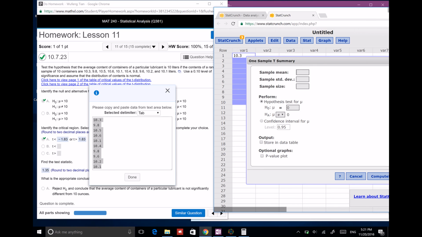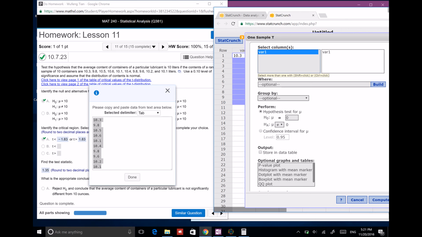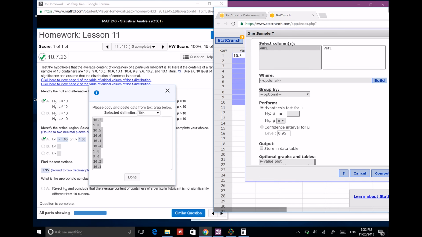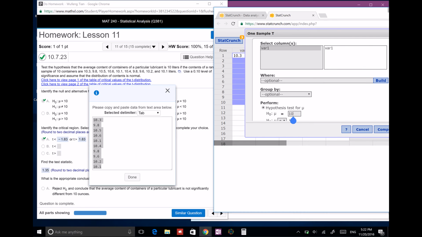Oh, my bad. T one sample, with data, with variable 1, and the null hypothesis is 10. You change that 0 into 10. So it is 10, and compute.